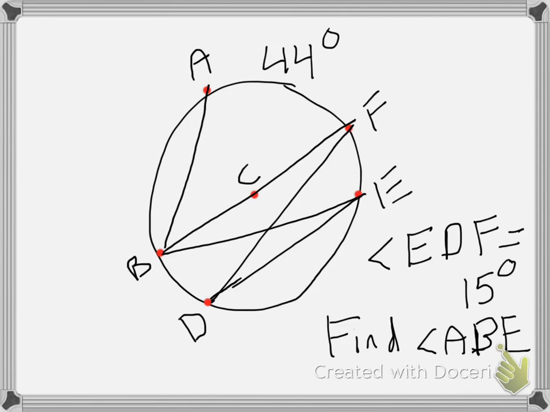Okay, you know the angle EDF is 15 degrees. I will tell you that BCF is indeed a diameter, so that should tell you something about arc BAF, and also, the other half of the circle.